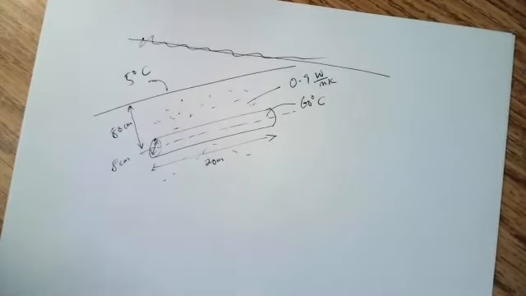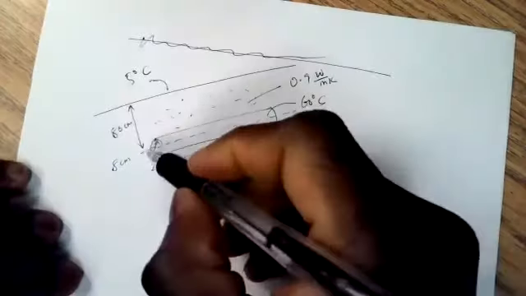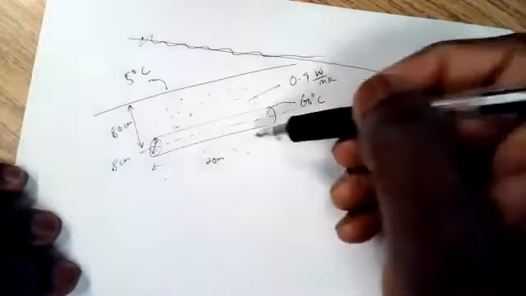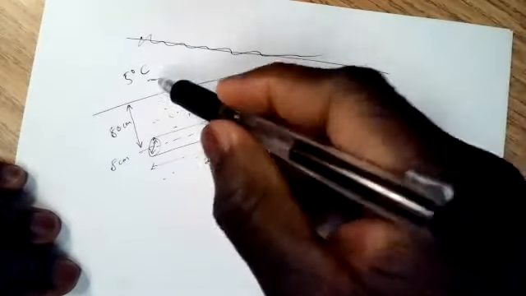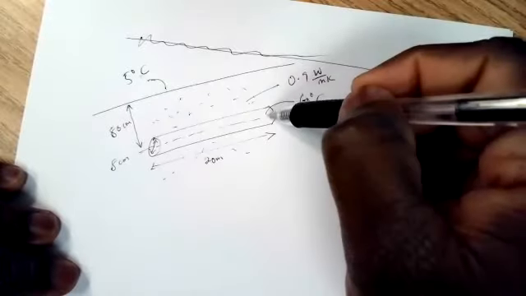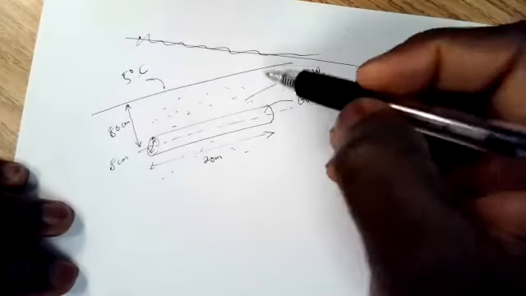Let's just do a quick analysis. If we have heat transfer, let's say we have some kind of fluid going through this pipe, and the temperature here is 60 degrees, the temperature here is 5 degrees, a gradient is established, right?